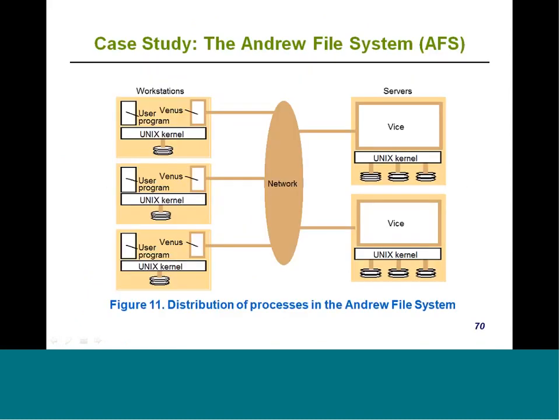Whereas in the Andrew file system, Venus and Vice are programs that are being executed, so they are processes. The user program communicates through these processes to get to the various file systems and get the data back to the program that is running.